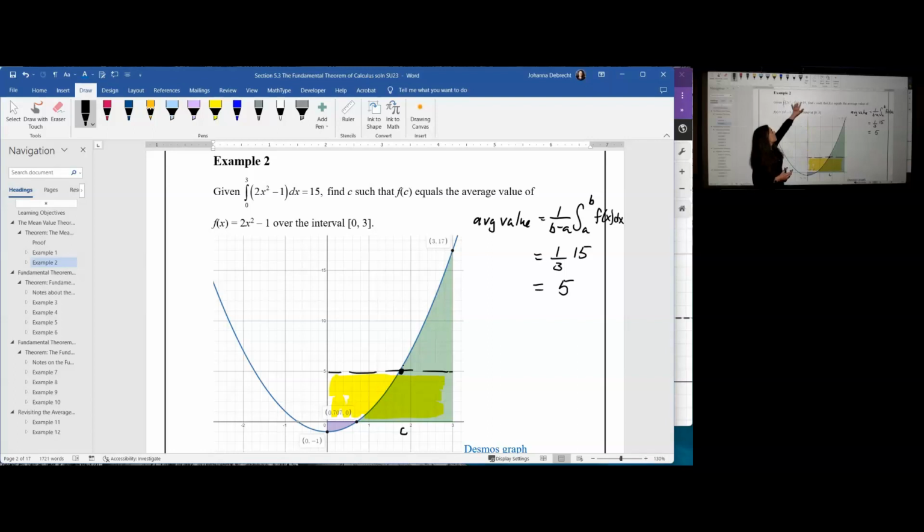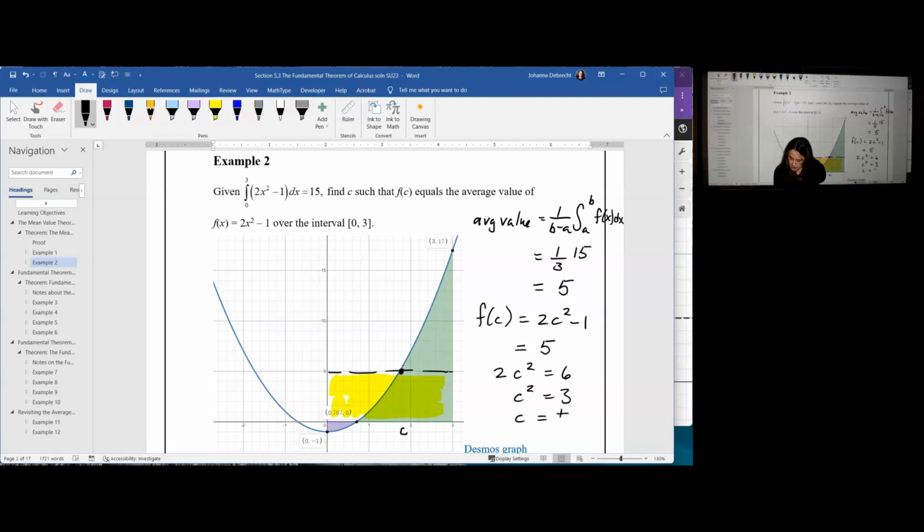But it's on the function 2x squared minus 1, which means that I can substitute in place of the variable c. This is going to give me 2c squared minus 1. But I know that the y value there is 5. Then I can solve for c to get c squared equal to 3, which gives me c is plus or minus the square root of 3.